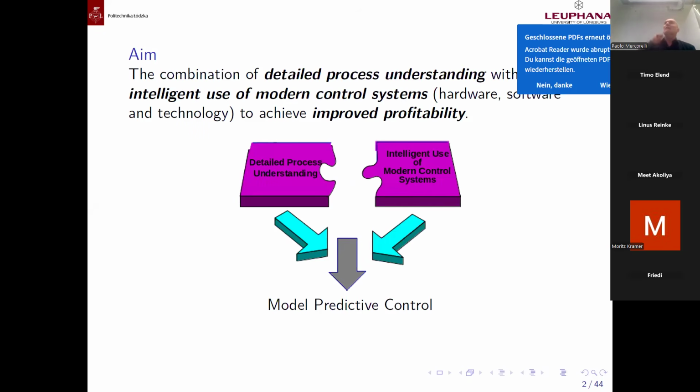Model predictive control. Let me flesh out this slide. We can see that it is a combination, a cooperation, I don't know which word to use, between basically two concepts. The first is the model: using the model, we can predict the future. Here another concept is written, but connected with the model, because the model is a detailed description of the system.